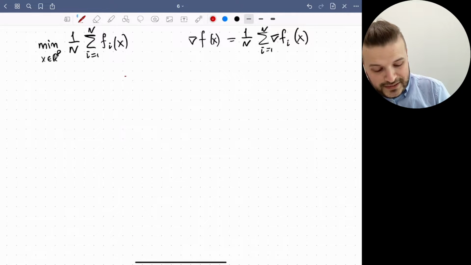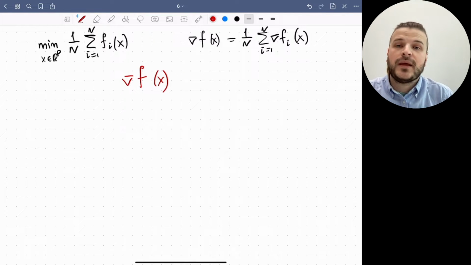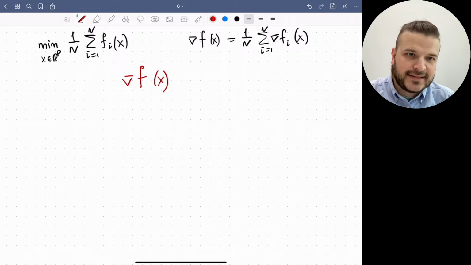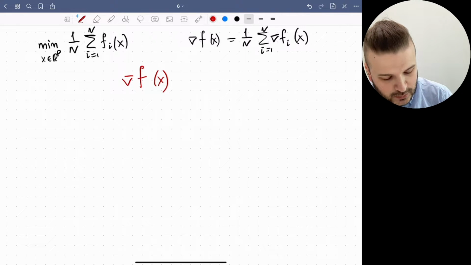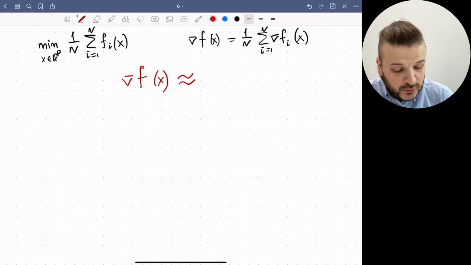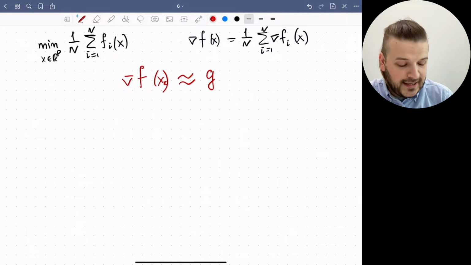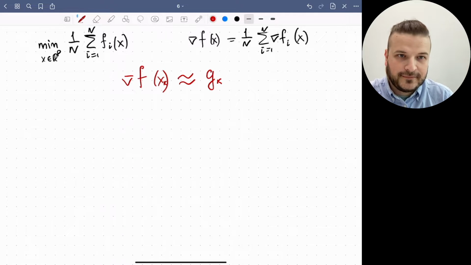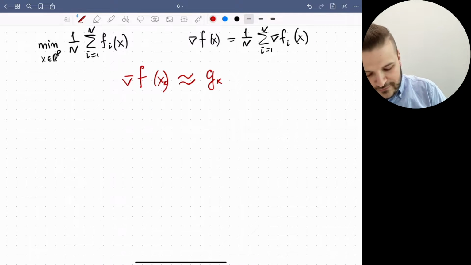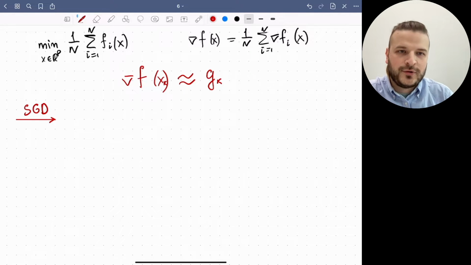And what if instead of the full gradient computation, we use some stochastic approximation of the gradient? We'll say that the gradient will be approximately equal to some vector g, and if it's at point xk, the g will be at point k again, right? And the first idea here is called SGD, and it will require only the following thing.